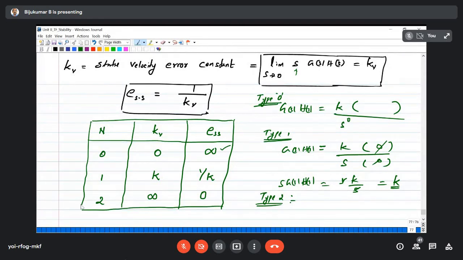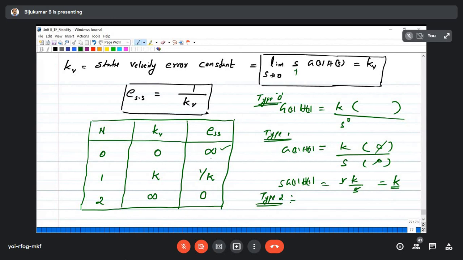So if you are feeding a ramp input to a particular system and the type is equal to 2 or more, the steady state error is 0. For type 0, the steady state error is infinity, and for type 1 it is 1 by k.